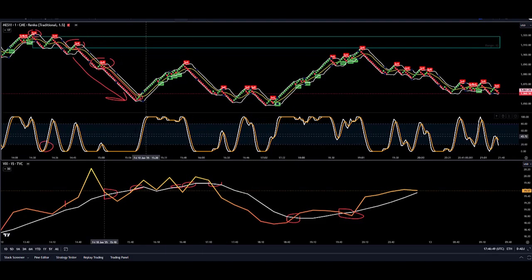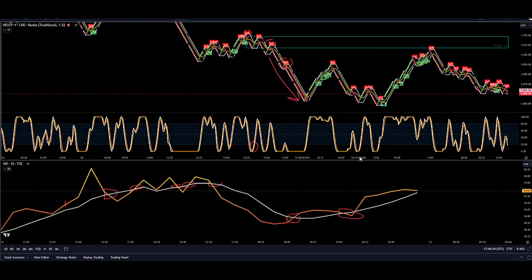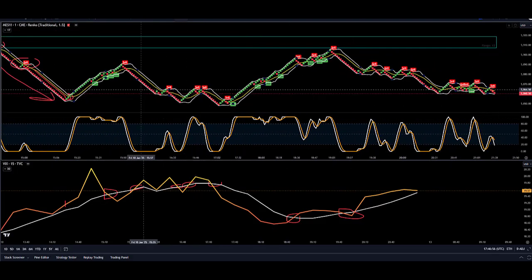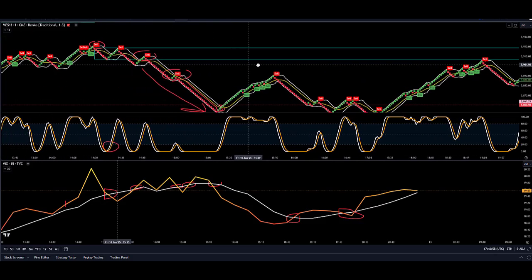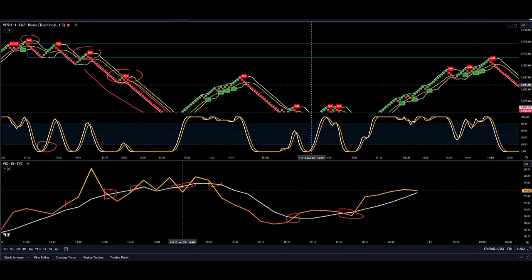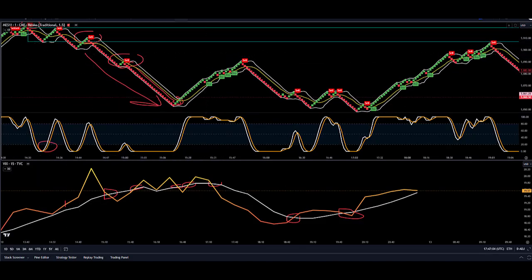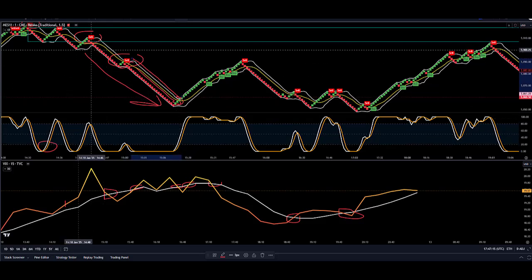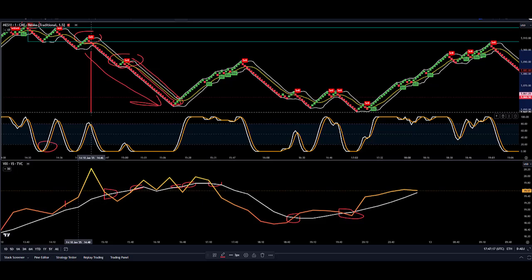Let's just zoom in a bit on that chart to make it a bit easier to read. Let's just make it a bit bigger. There we go. So you would put your stop, say on this sell here, behind the white line. You can trail it down if you want and get out that way, or like I said, we've got this signal to go in.